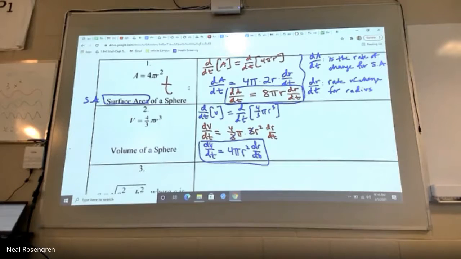What dimension was volume, by the way? What's the third dimension, right? We're talking about volume. Cubic centimeters or even liters is a third-dimensional kind of thing. What do we do with derivatives? When I take the derivative, what happens to the degree of something? It goes down by 1. So we go from third dimension down to second dimension.